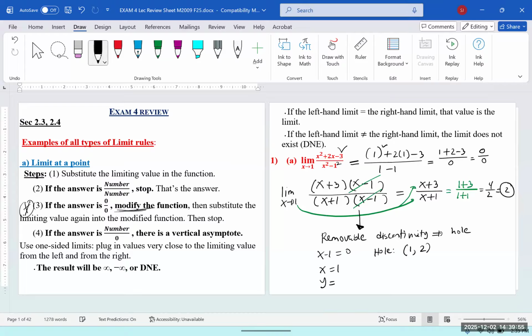So our y is x plus 3 over x plus 1. That gives us 4 over 2, which is 2. Removable discontinuity leaves us a hole, and the limit we get by substituting into the modified function.